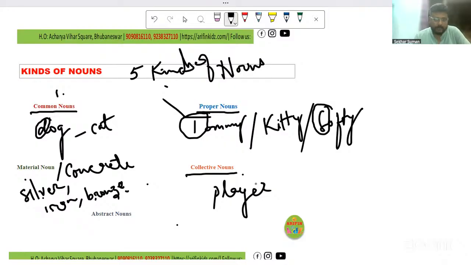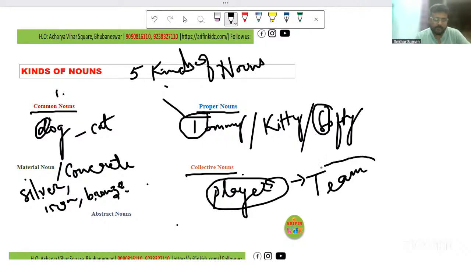Okay, collective nouns. Now, individually, if I take players, they are going to be coming under common nouns, right? But when we are talking about a group of players, then we call that a team, right?